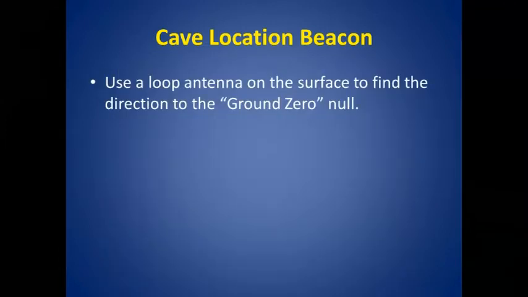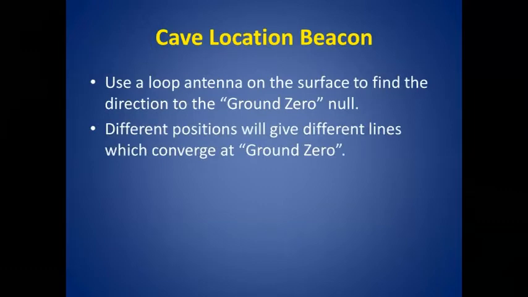There is a way to make a vertical antenna where you could support it from a string or something like that. So to use the loop antenna on the surface to find the direction to that ground zero null, we look at different positions, which gives different lines which converge at ground zero. So we rotate the antenna, and we will hear the sound, and then we get to a place where at a certain angle of using that antenna, we come to this null or no signal.